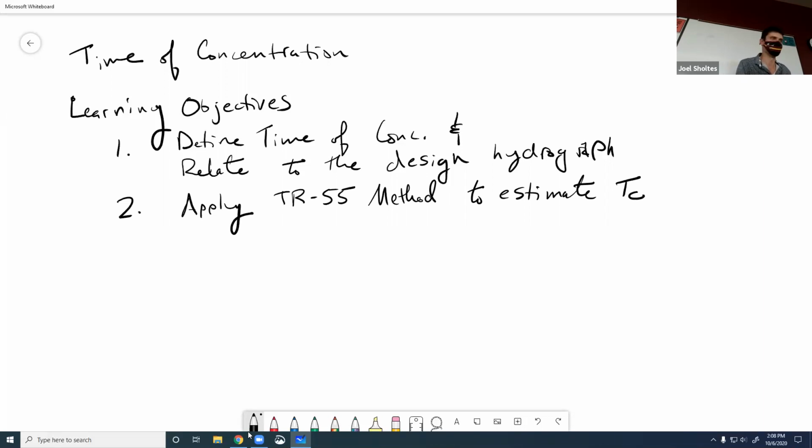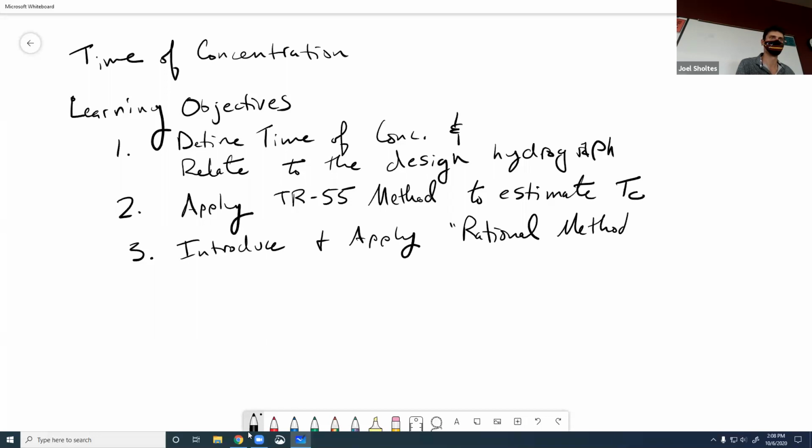And then we'll also introduce and apply what's called the rational method to estimate peak discharge. It's a quick and dirty way to get a peak discharge. The TR55 method, we're not quite there to get peak discharge. We'll finish that journey on Thursday.